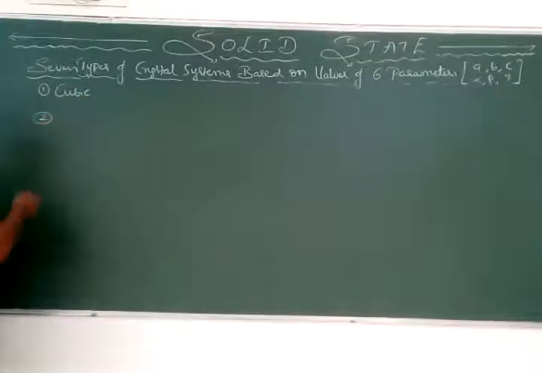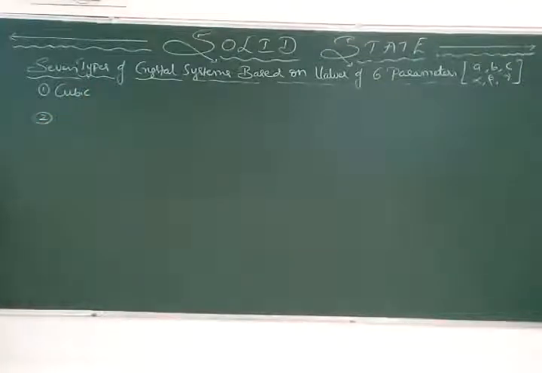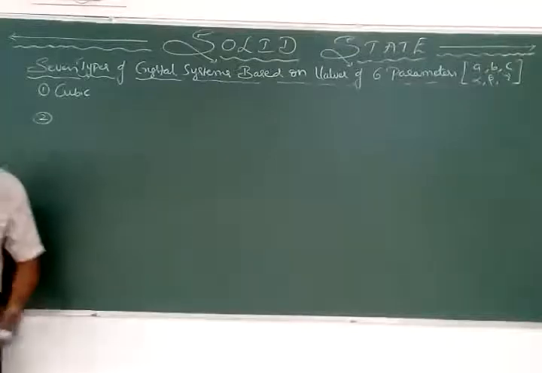The first one is the cubic, the simplest of the crystal systems, which we call the cubic crystal system. Next we have the tetragonal.